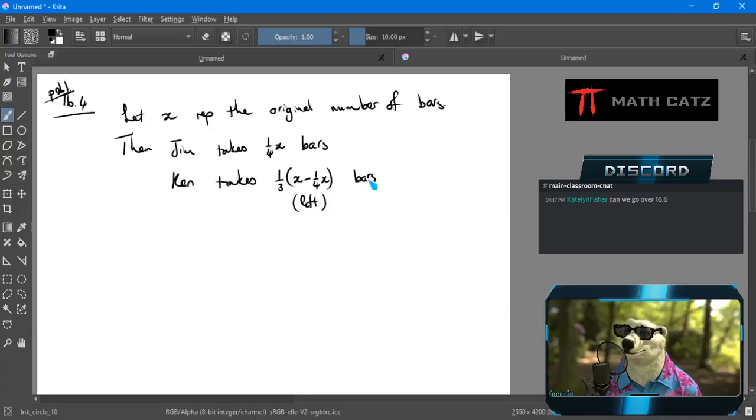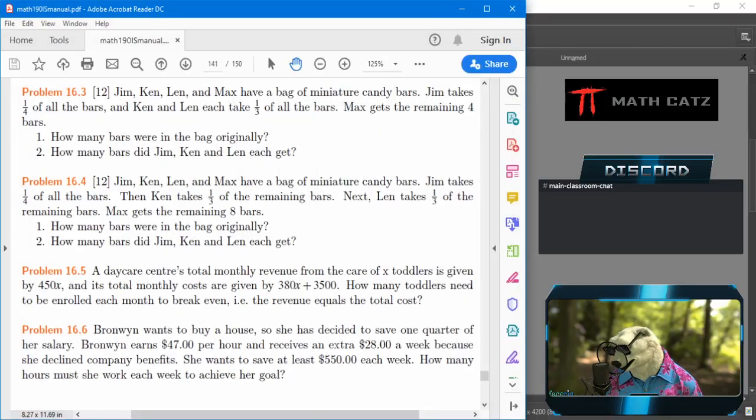Bars. So because of the explanation they give me, the algebraic expressions to represent the number of bars is a little bit more involved. Len then takes a third of the remaining bars.